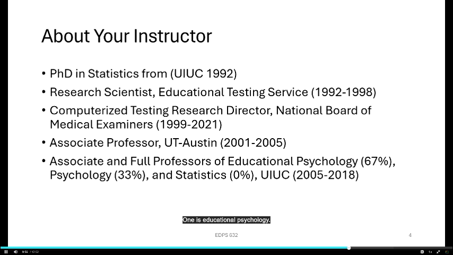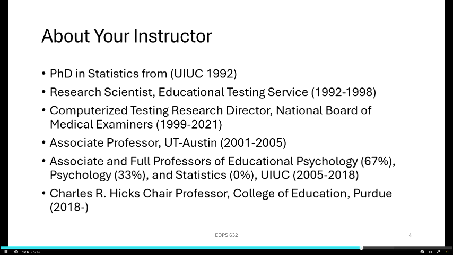One is educational psychology, where I had a 60% appointment. And also psychology, where I had 33%, and statistics is a courtesy appointment. I worked there for 13 years. And then I joined Purdue to become a named professor in the College of Education.